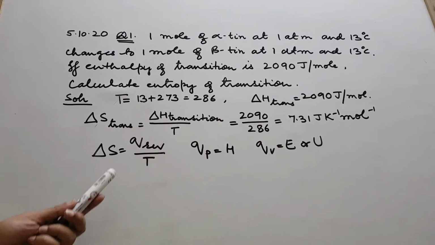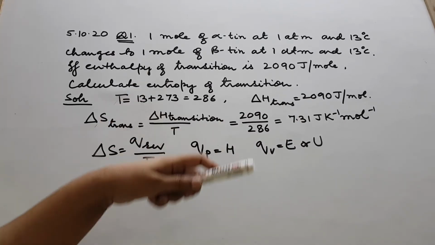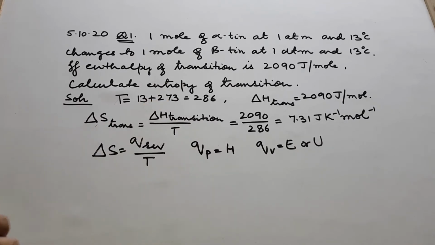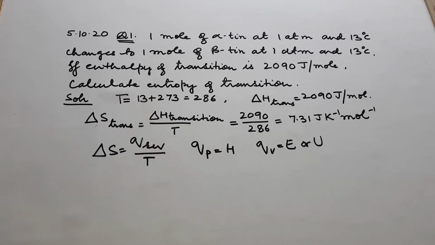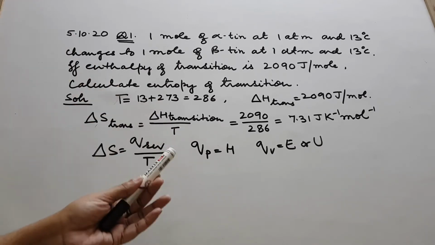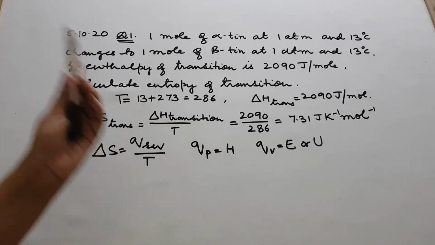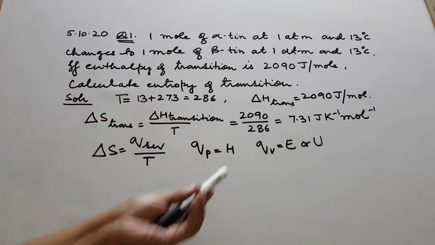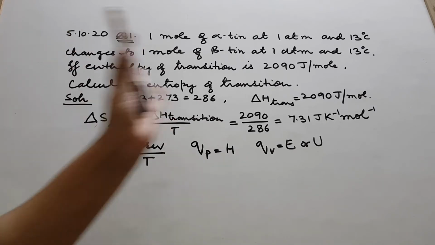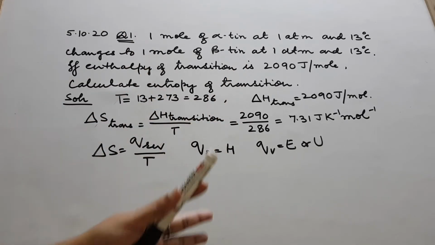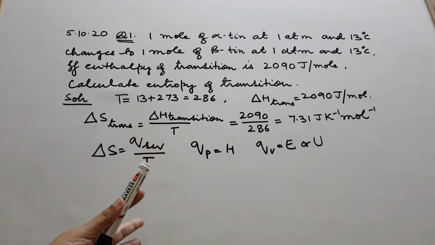So the same formula Q reversible upon T has taken this shape automatically, because this Q is nothing but Q measured at constant pressure. When nothing is given, it is taken for granted that the heat content is measured at constant pressure, which is H. You say this is an exothermic reaction that gives out 100 joules, so 100 is its enthalpy.